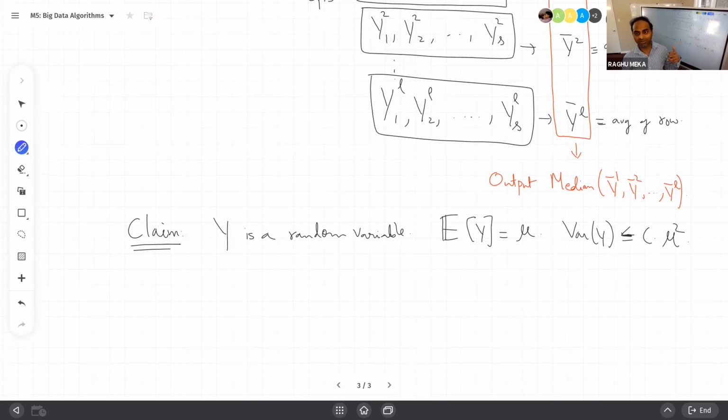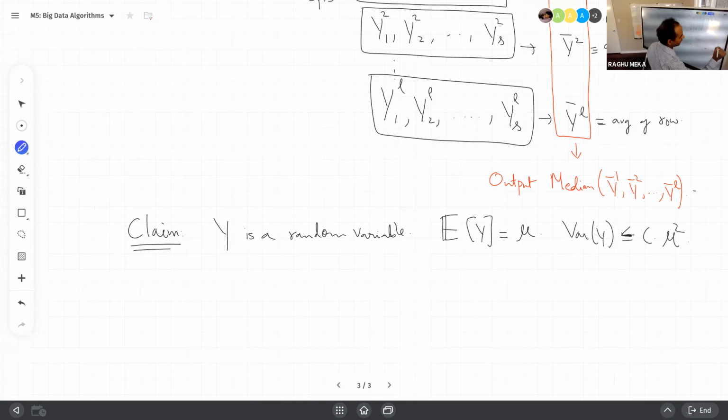Our estimator for the number of distinct elements had this property. The variance was at most 2 times the square of the expectation. Think of C as a small constant, 2, 3, or whatever.